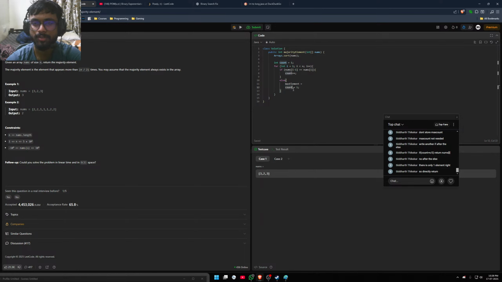You're saying over here we put an if, if count is greater than n by 2, return nums of i. I understood this, but this won't work because count is changed to 1 again. What if the sorted array has a lot of ones and the twos are fewer, and the for loop goes to the 2.